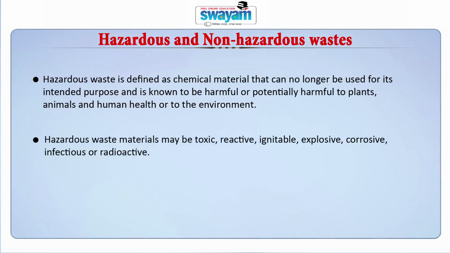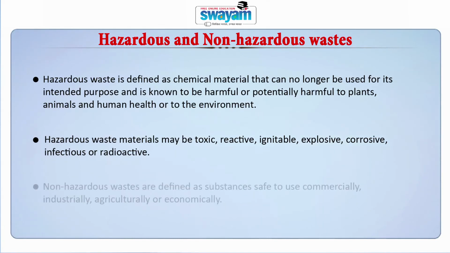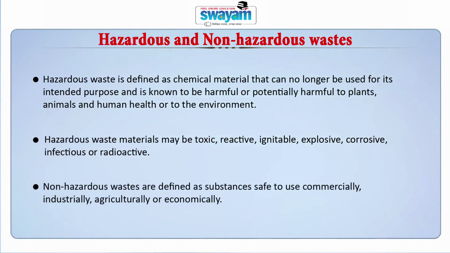Hazardous materials may be toxic, reactive, ignitable, and corrosive in nature. Hazardous materials also include explosives, infectious materials, radioactive materials, as well as ignitable or volatile materials. Whereas non-hazardous wastes are those substances that are safe to use commercially, industrially, agriculturally, or economically.